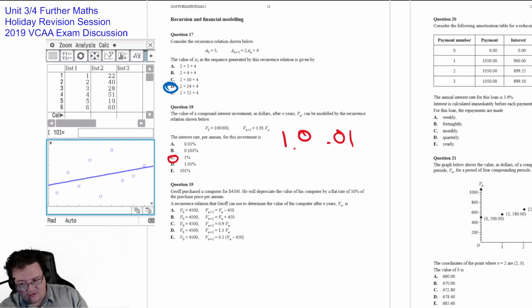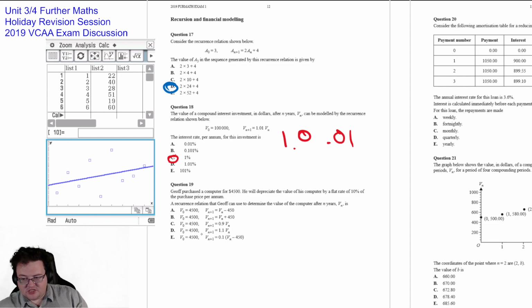It is a flat rate depreciation. Because it is flat rate, it's going to be the same amount each and every time. So it's not 10% of the previous year, it is 10% of the initial purchase price.